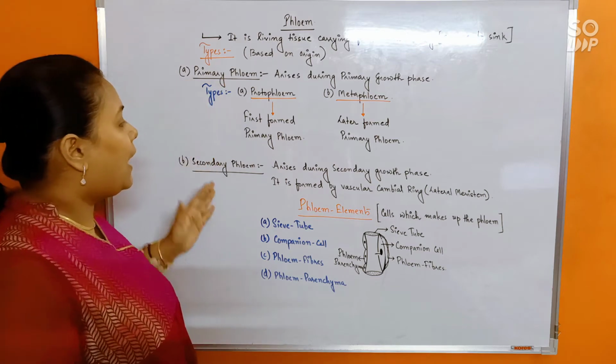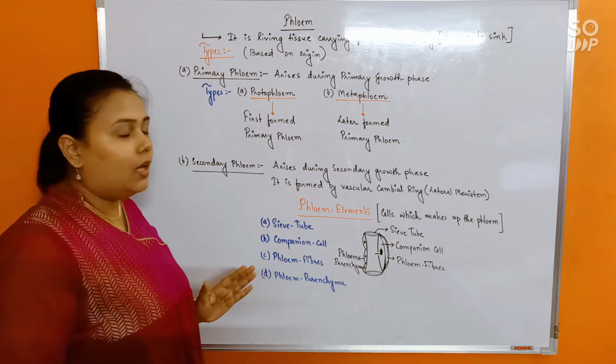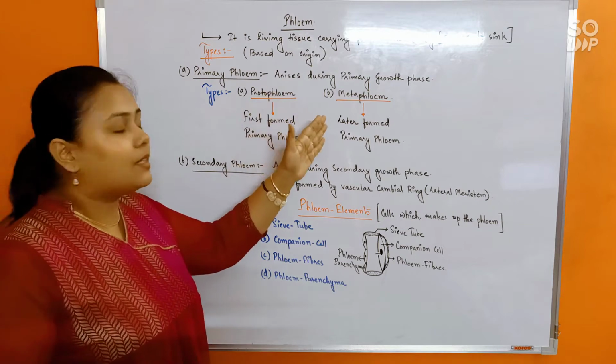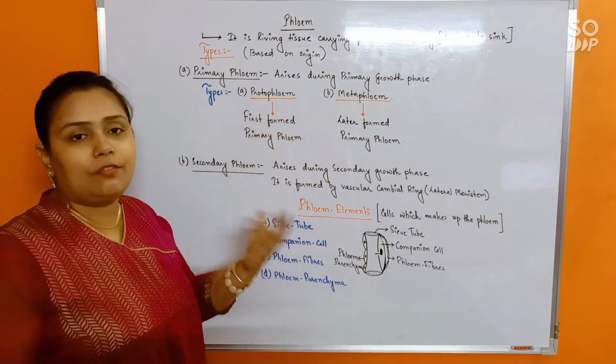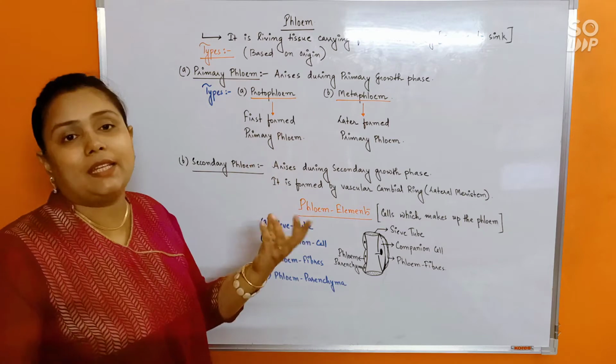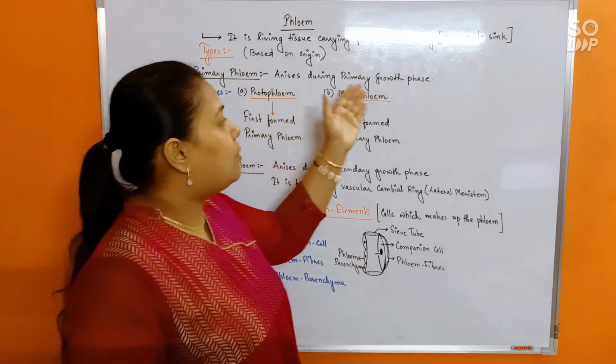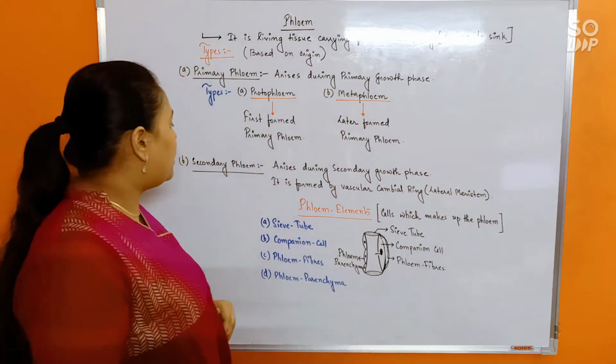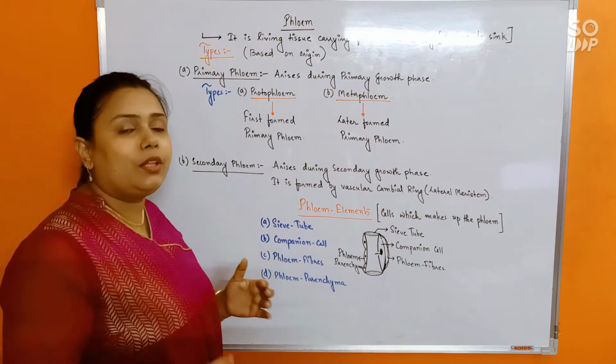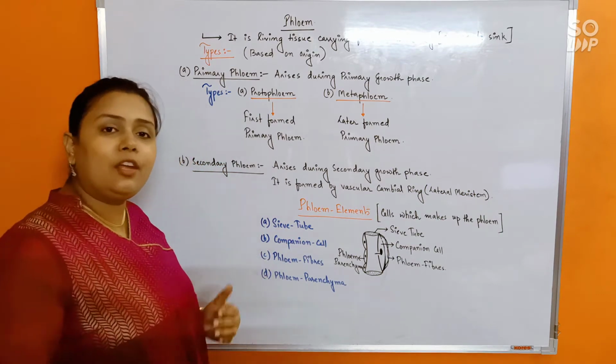Primary phloem and of course secondary phloem. Primary phloem will arise in the early or initial phase of development, that means when the plant is young or during primary growth phase.